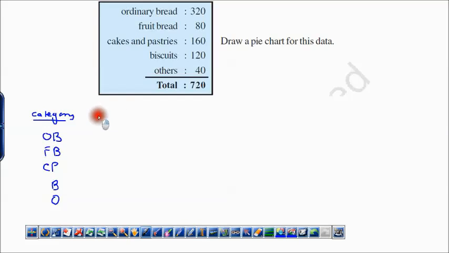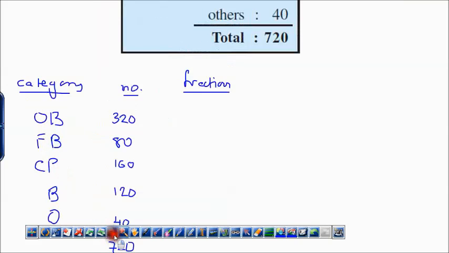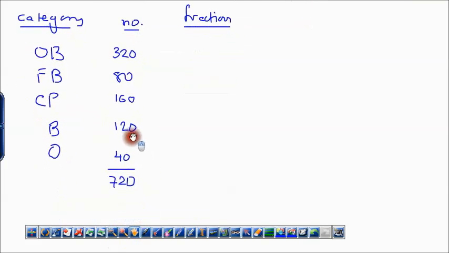The number, the data, the information will be 320, 80, 160, 120, 40. Total is 720. परसेंटेज है ही नहीं, डायरेक्ट फ्रैक्शन कैलकुलेट होंगे. The fractions are going to be calculated something like this. Keep copying in your notebook.